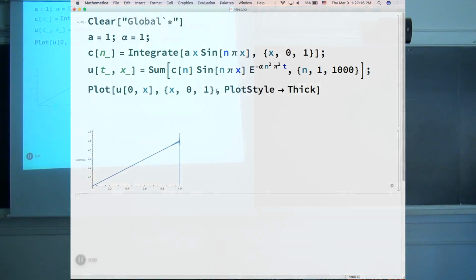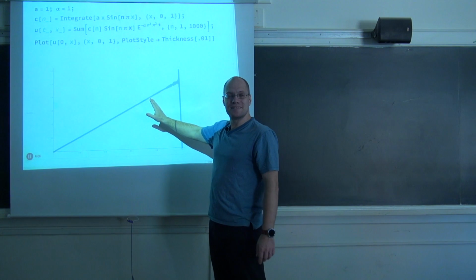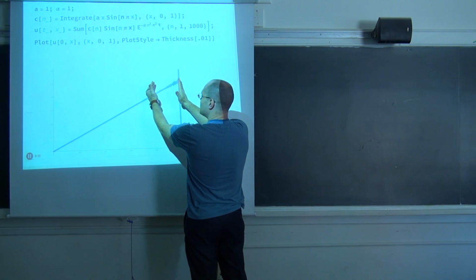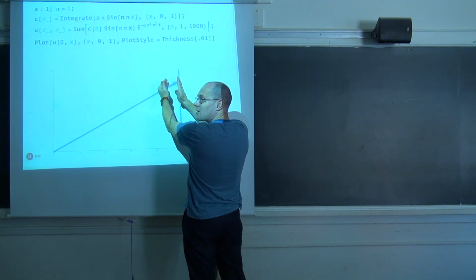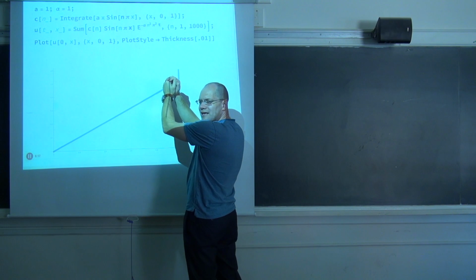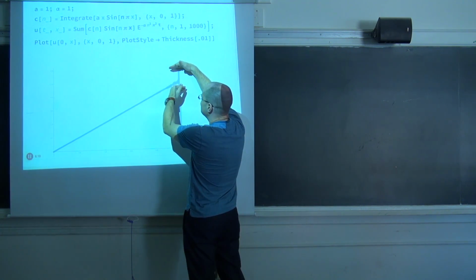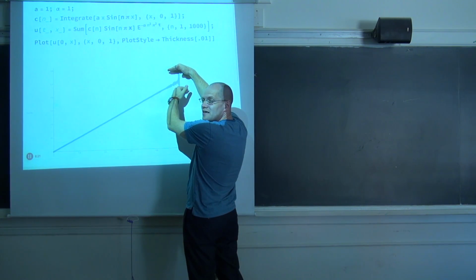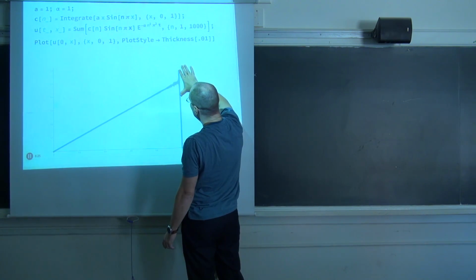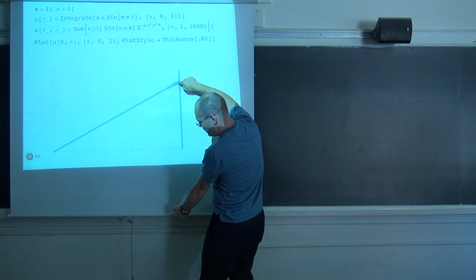Did it get better? Okay, so what happens in the Gibbs phenomenon is that the segment that's affected gets narrower and narrower, I believe linearly with n. But the height stays constant at about 18% of the discontinuity. So this is about 1/5 of the jump, right?